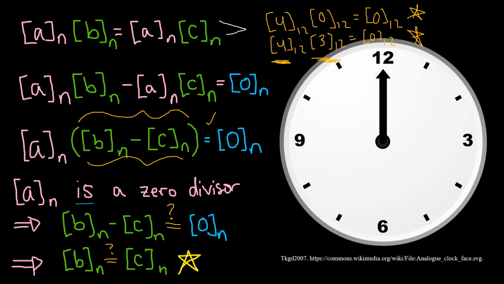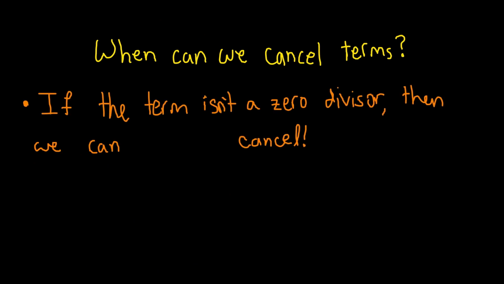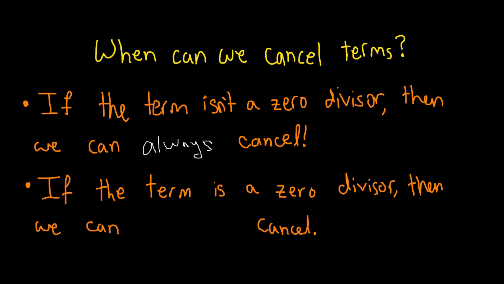And again, if you compare that to our first equation, what this is really saying is if a mod n is a zero divisor, then it's too ambiguous to cancel a mod n. If the term isn't a zero divisor, then we can always cancel it without the fear of ambiguity. However, if the term is in fact a zero divisor, this is the catch. We can sometimes cancel it because there's this ambiguity.